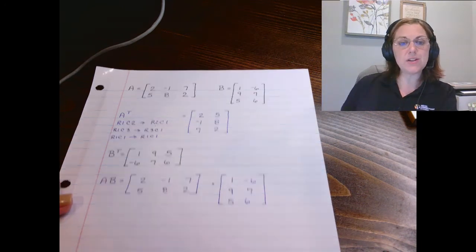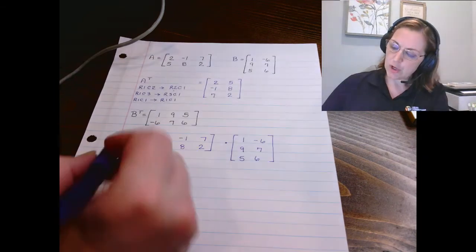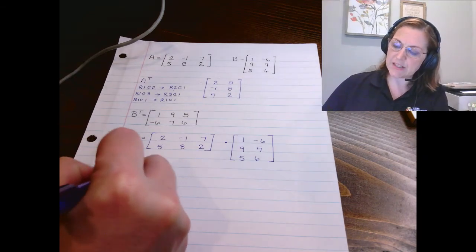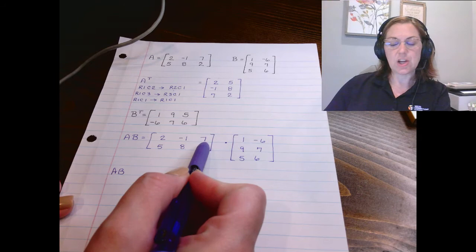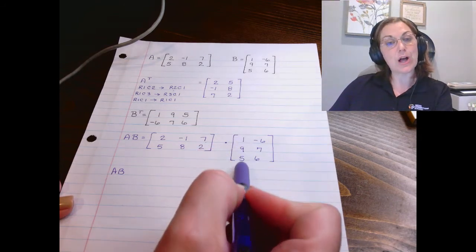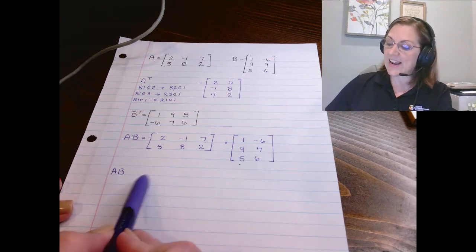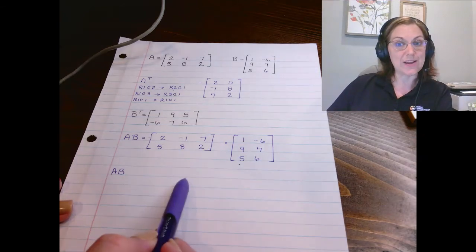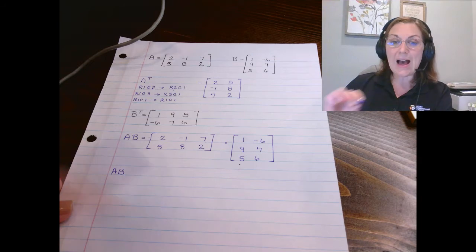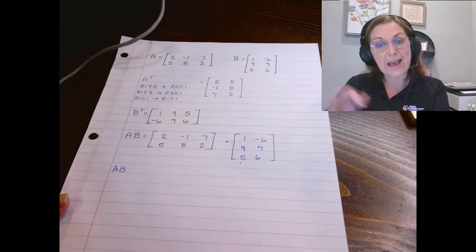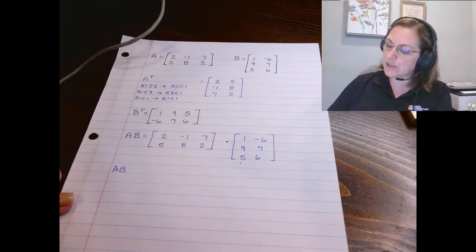All right, now when you do matrix multiplication, you're going to take the elements of row one and multiply them by the elements of column one. So row one times column one, and that answer will go in row one, column one. I'm going to write out what I actually would multiply just so you can see it.